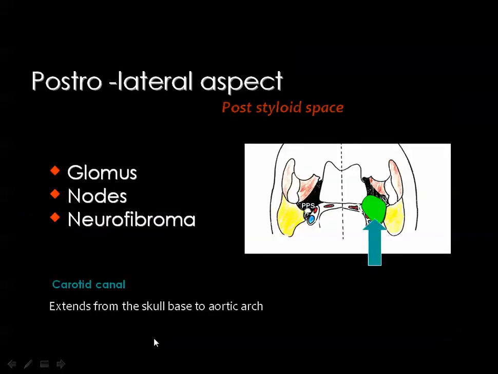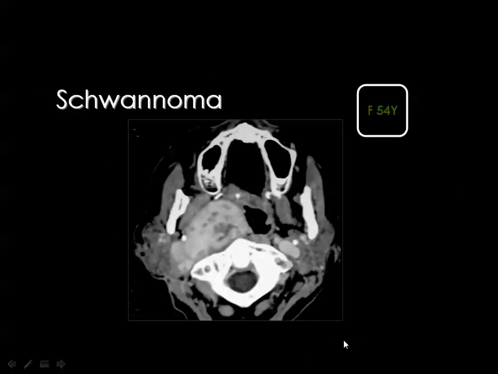Then there are three main lesions arising in this particular area. They will displace the fat anteriorly and may displace the styloid process also anteriorly. These are the glomus tumors, the lymphadenopathy, and the neurofibromas from the previously mentioned cranial nerves.